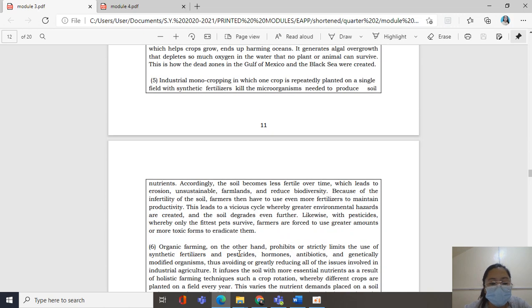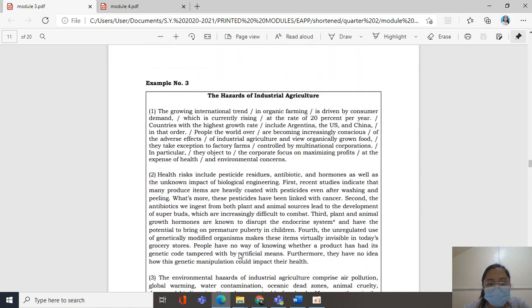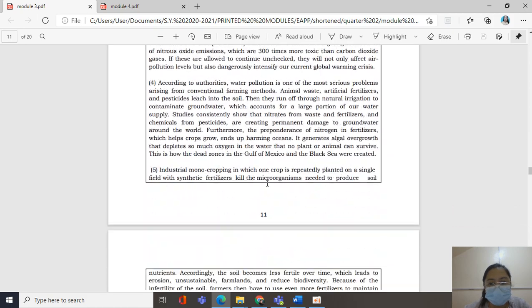Since we are actually facing an issue right now, especially COVID-19, it is very important that we are very much aware of what's happening in our country, and you can really state your stand and support it with, of course, logical arguments.